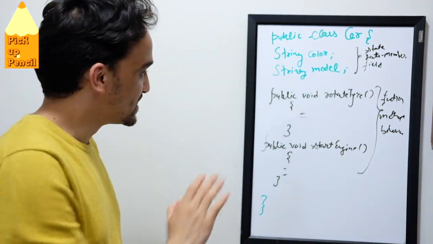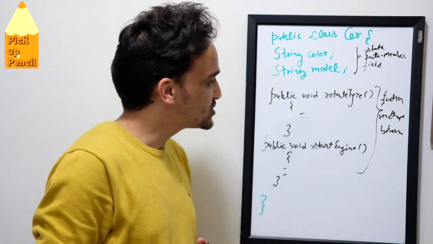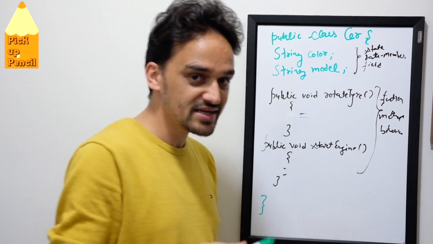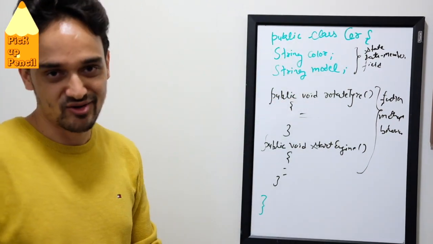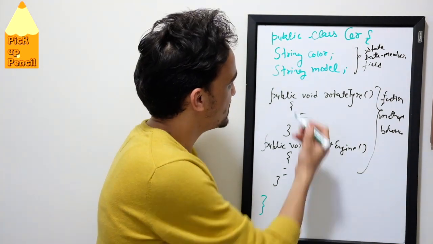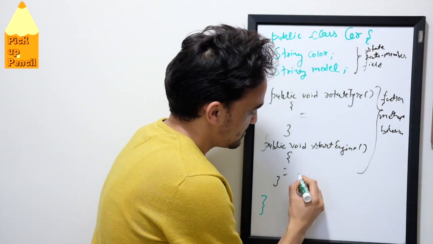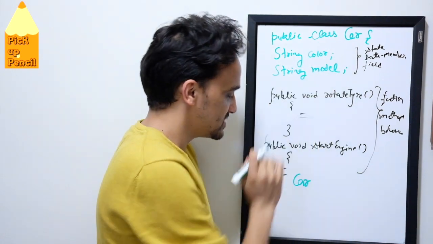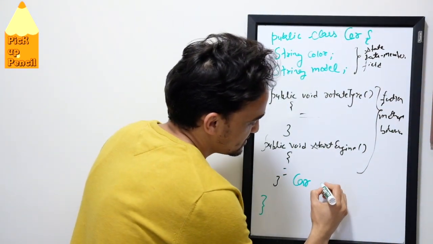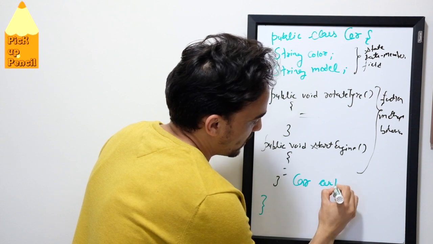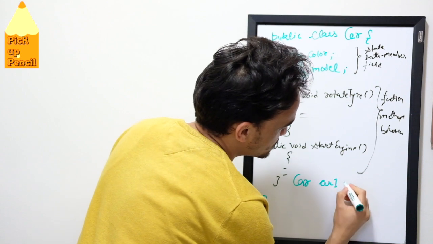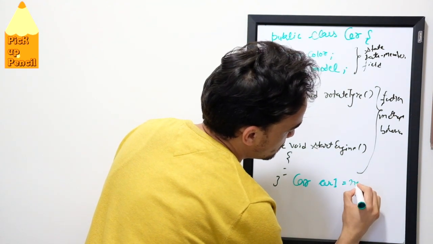Now the next task is to create an object out of this class. How do we really create an object? This is the way we create it. We say Car, and then we can say, in small case, car1 equals new.